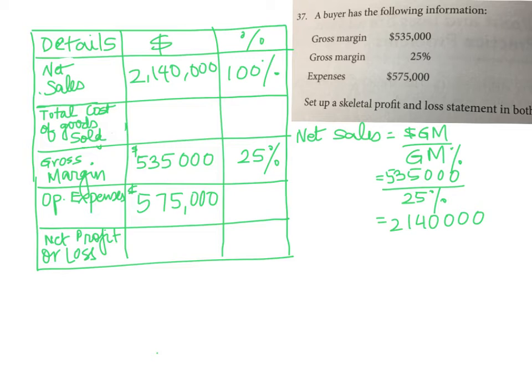Next is to calculate total cost of goods sold. So total cost of goods sold in this case will be equal to net sales minus gross margin dollar, which will be equal to 2,140,000 minus $535,000.